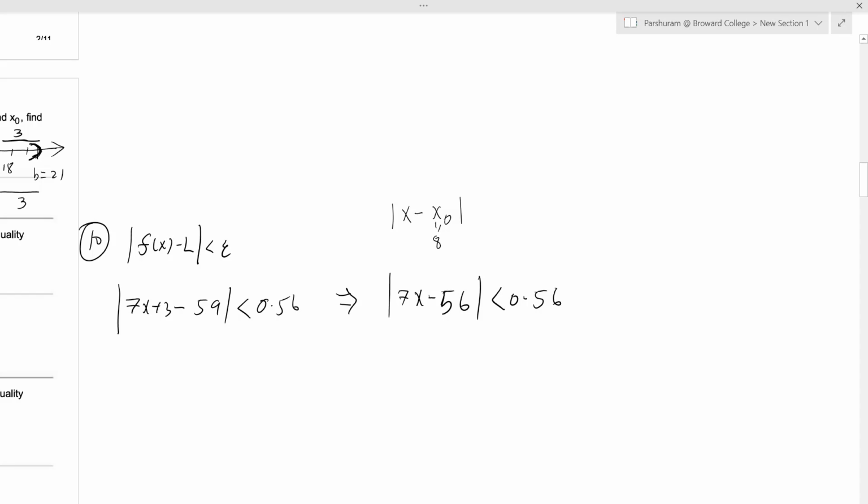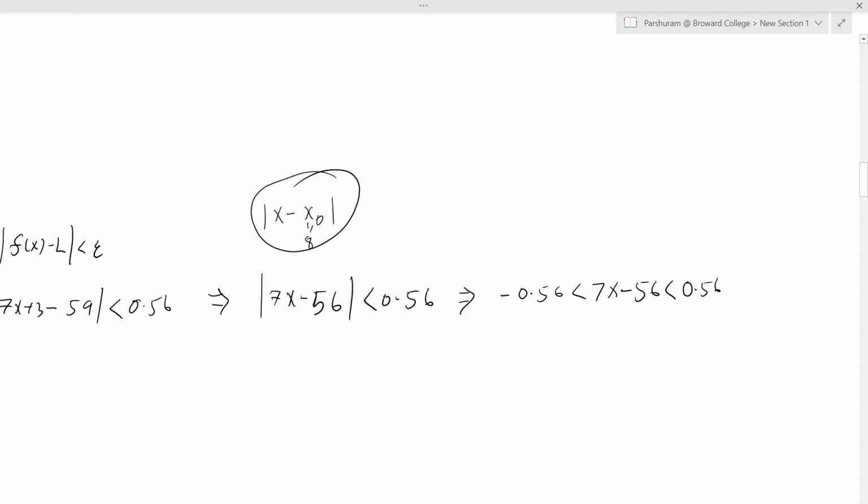Another way of thinking about this absolute value situation is that 7x minus 56 is greater than negative 0.56 and less than 0.56. So this is another way of writing the very same thing. Remember, we want to make this middle term x minus 8, and that is possible if you factor out 7.